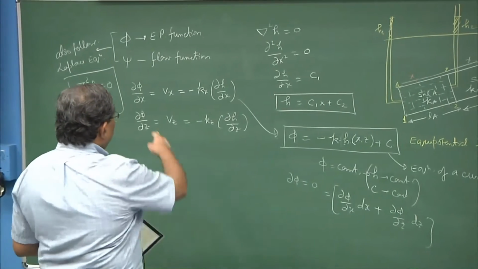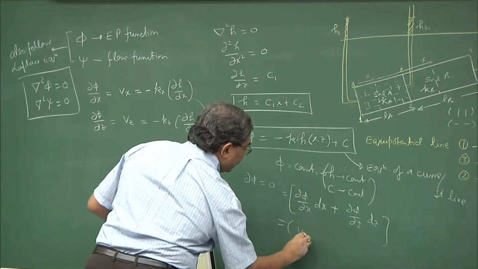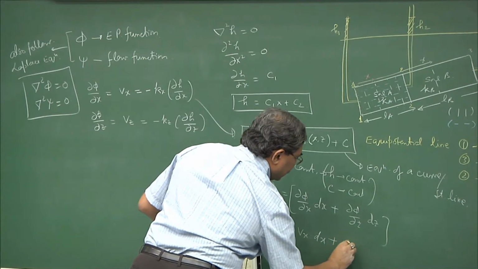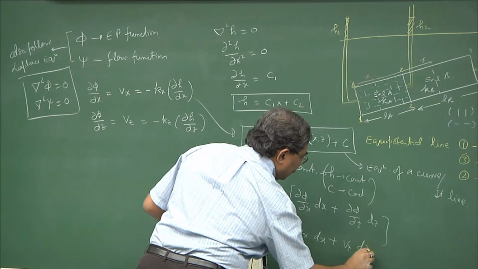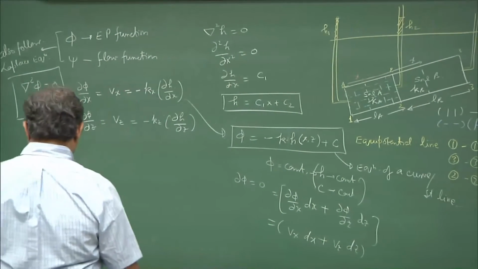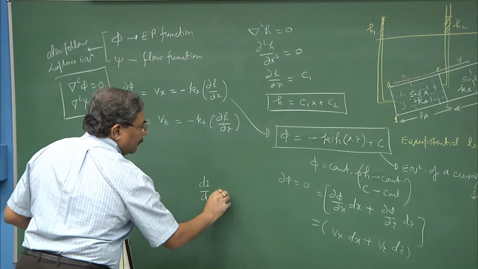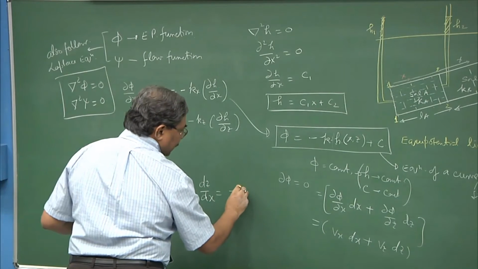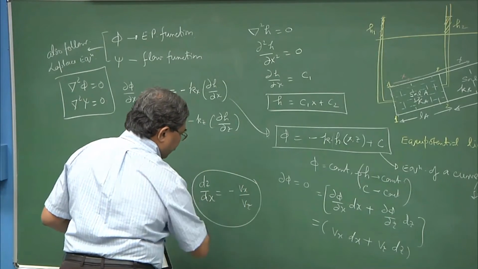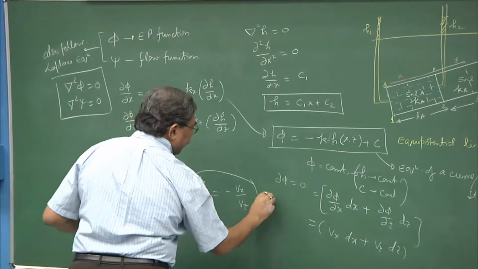Now, just now we have defined del phi by del x as V x, plus del phi by del z as V z. If you solve this expression, what you will get is dz upon dx equal to minus V x upon V z. So, this becomes your function number A.